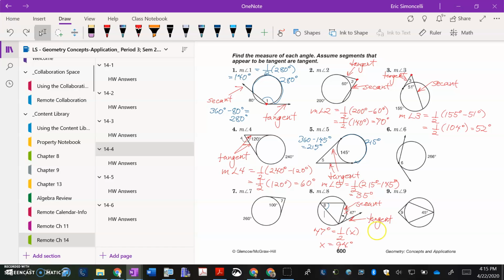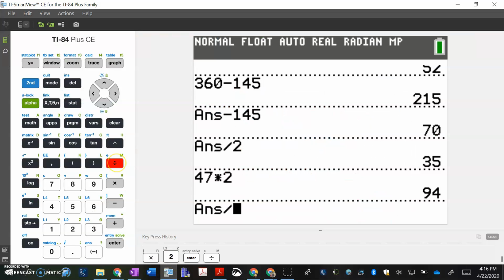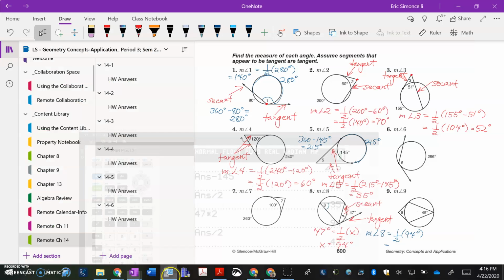Here's what you would do. The measure of angle A will always be equal to half of the intercepted arc. In this case, we already said that arc is 94 degrees. So I simply divide 94 by 2, and I end up with 47.